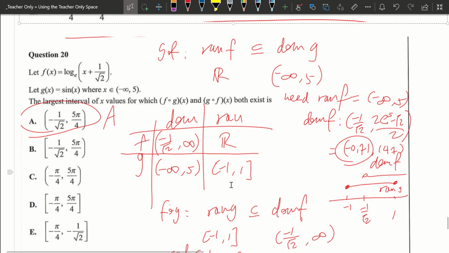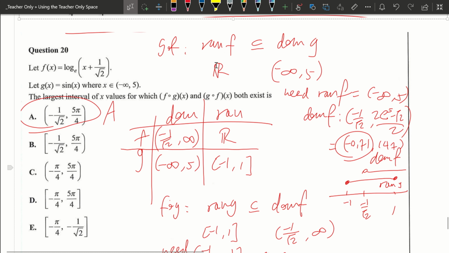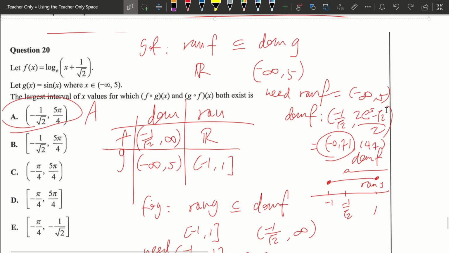Yeah, and then you do GOF, which means you sub F into G, which means you need the range of F to be a subset of the domain of G, and of course they are not. Range of F is actually R, all real numbers, and domain of G is this. So you need to make the range of F -infinity to 5.